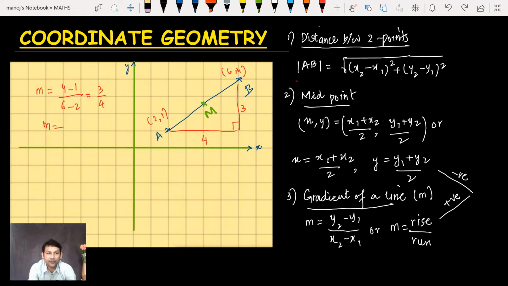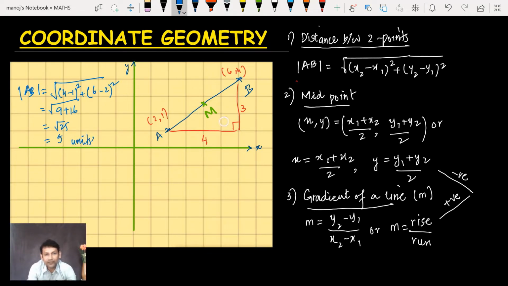I want to give one example first, then we can move on. The distance formula for AB: y2 minus y1, 4 minus 1, is 3, squared is 9, and 6 minus 2 is 4, 4 squared is 16. You can use y first or x first, it is up to you. So that's the square root of 25, and the answer is 5 units.